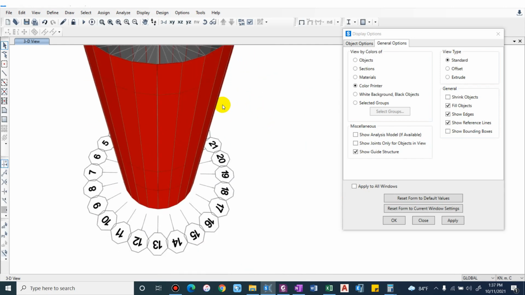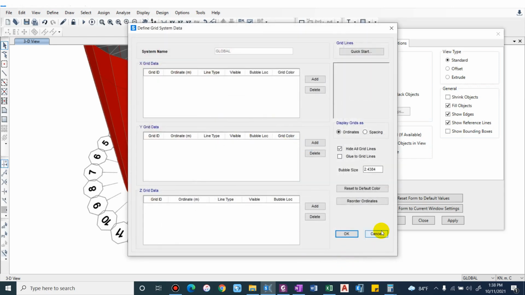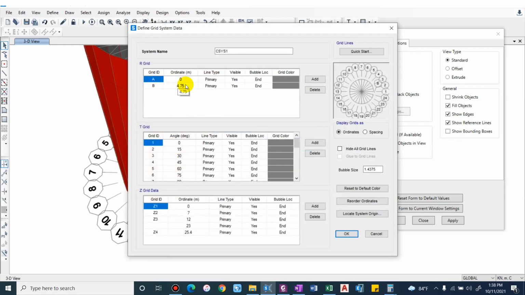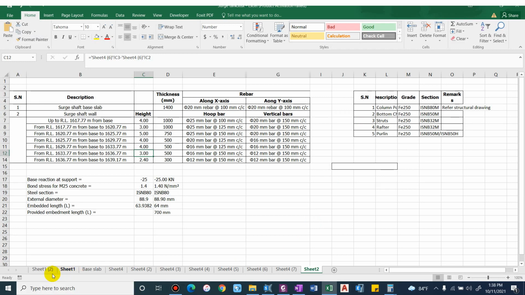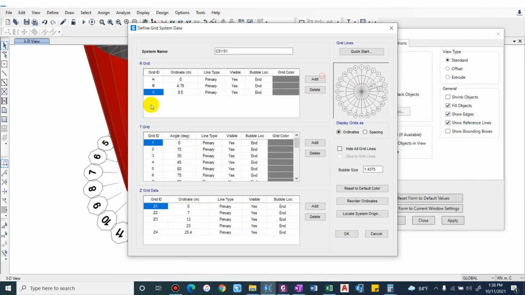We'll add a grid along radius, and we'll extrude a frame line in the same way. Edit and go to this, modify. So 4.75, and what was the overall diameter? 14.5, that means 7.25.